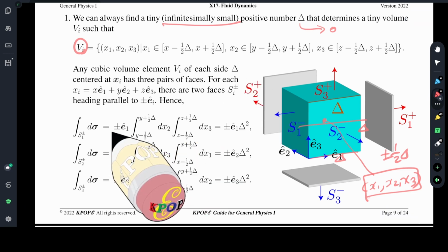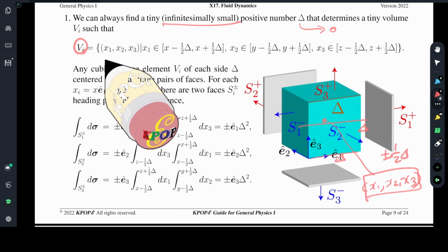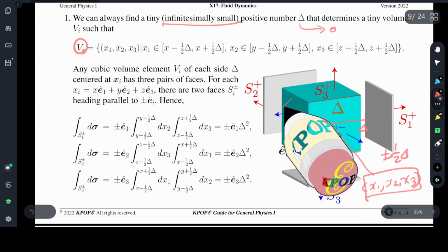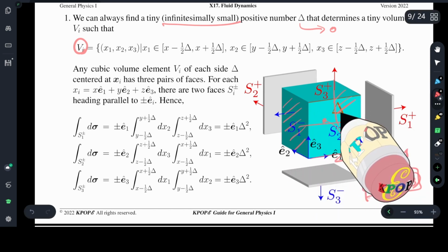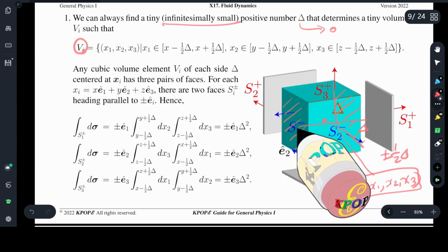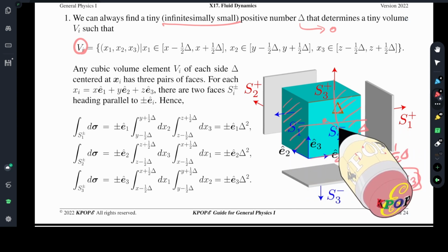For example, I can consider these two surfaces, the right end and left end of the range of x.